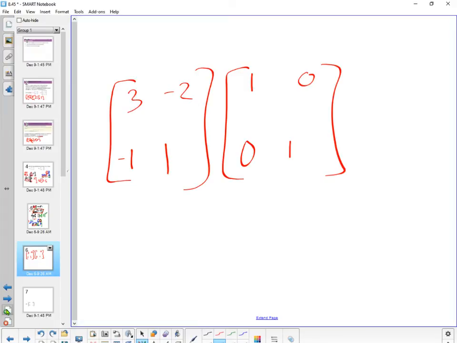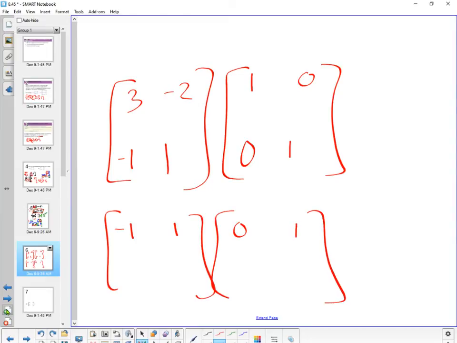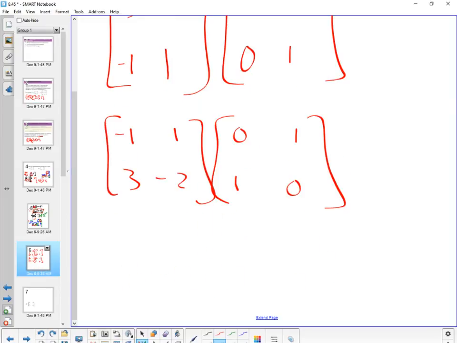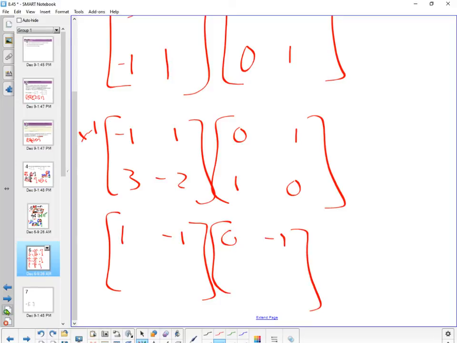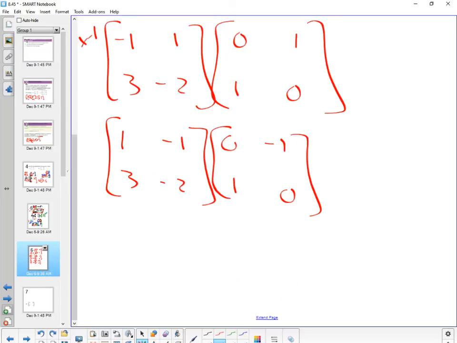Row swap. Times -1. Times 3 added to row 2.